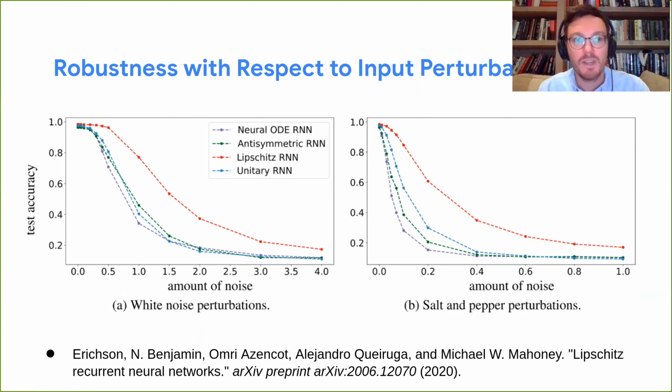I plot the test accuracy as a function of the amount of noise that we add to the test inputs. You can see that the test accuracy quickly drops as we increase the amount of input perturbations. In contrast, the recurrent neural network that we propose, which is stable by design and highlighted in red here, is more resilient to input perturbations.